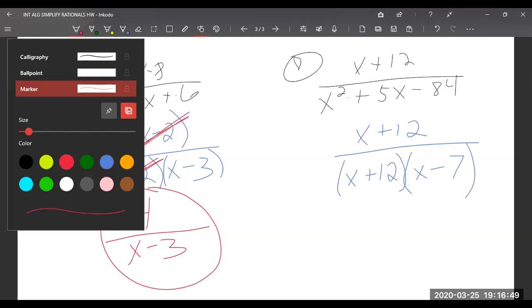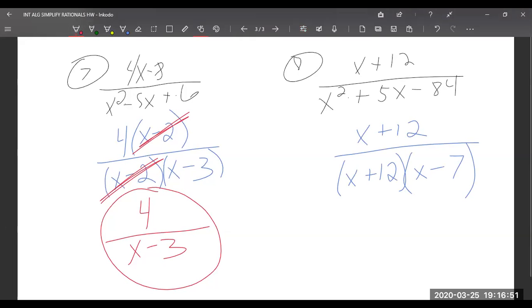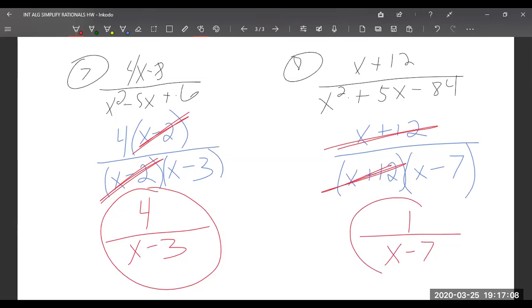Now, look at the top and look at the bottom. They both have an x plus 12. Cross those out. I'm left with x minus 7 in the bottom. In the top, we're left with a 1. That's the final answer. Factor, cross things out in the top that matches exactly with something in the bottom. That's what we're doing.